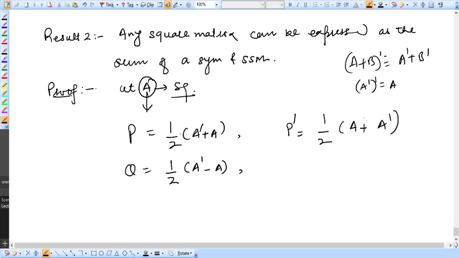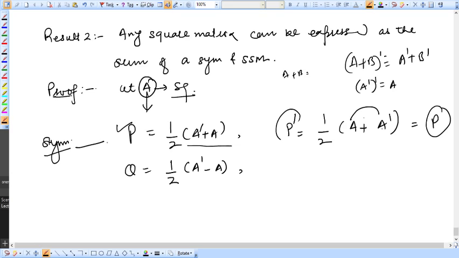Because A plus B is equal to B plus A, it is equal to P again. So P transpose is equal to P. So we came to know that this P is a symmetric matrix.